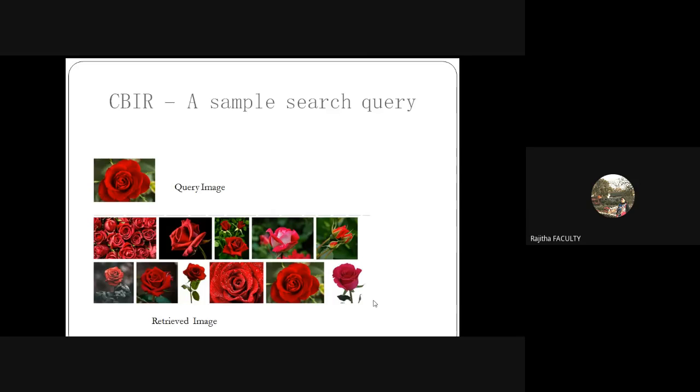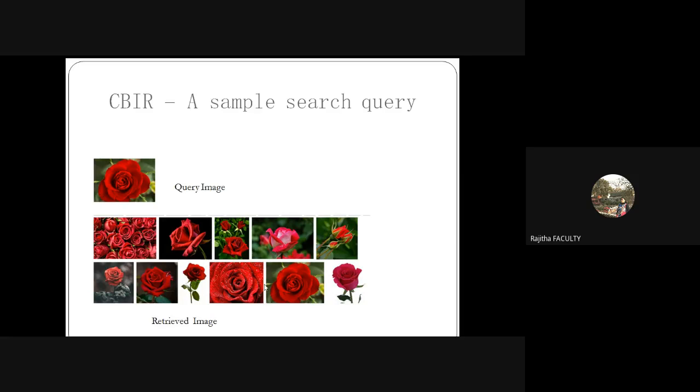What do you think the approach used here for content matching is? The approach might have used only color, because it didn't look into the shape. If it had looked at the shape, this one would have come first. It just looked into the color. That is why we got this image last rather than first.